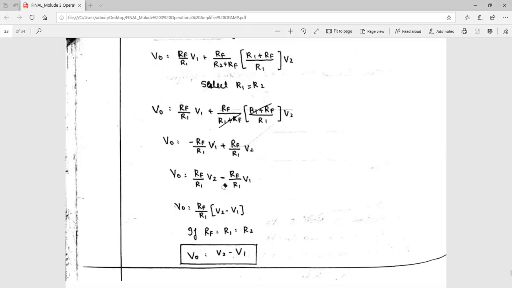So V out is equal to RF by R1 into V2 minus V1. If I take all the resistance values to be the same, that is RF equal to R1 equal to R2, I will get the output voltage which is equivalent to V2 minus V1. So you can see this particular output voltage is the output voltage expression for the subtractor. Whatever two input voltages you apply, it will subtract them and you will get the output voltage. This concludes the topic. Thank you.